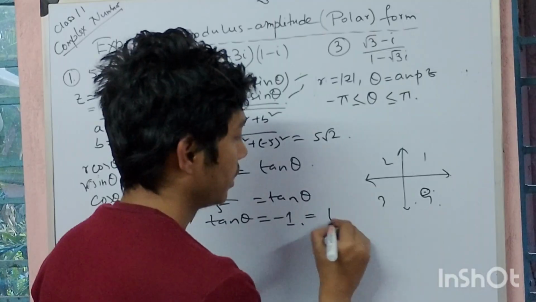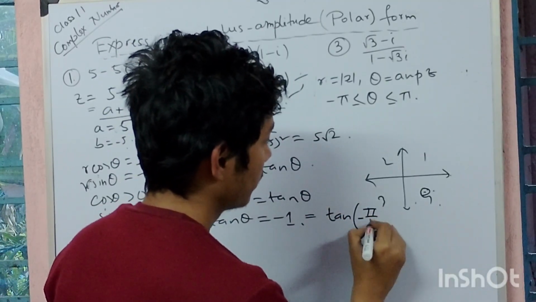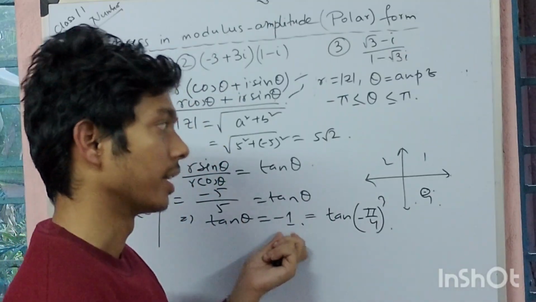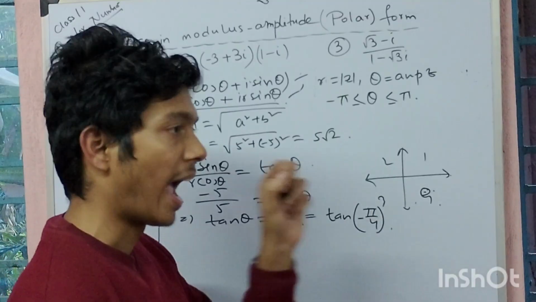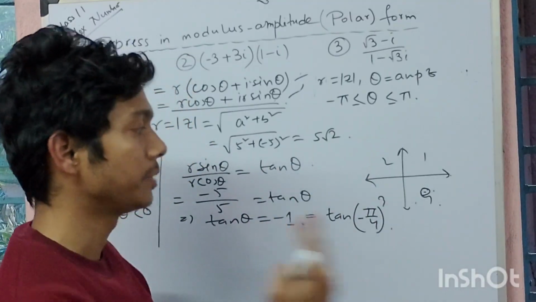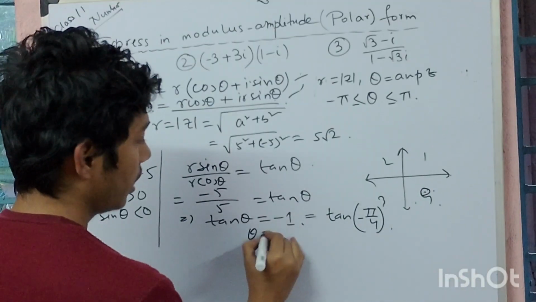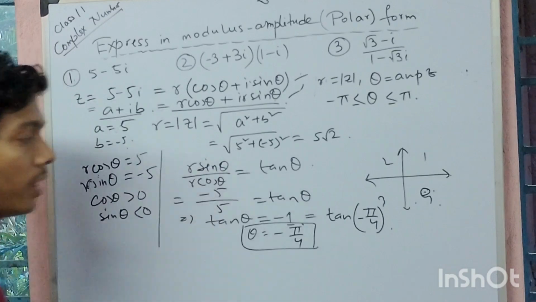What is the value? Tan of pi by 4 equals 1. Because it is in the fourth quadrant, I just add a minus sign before it. It is minus pi by 4. So I got the angle theta equals minus pi by 4, and it is your required amplitude.